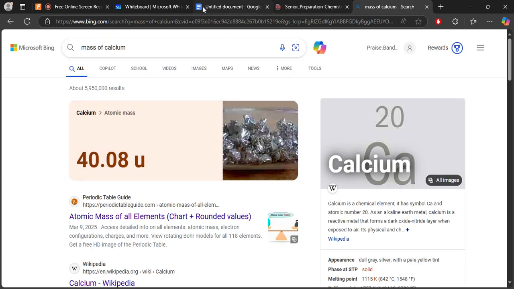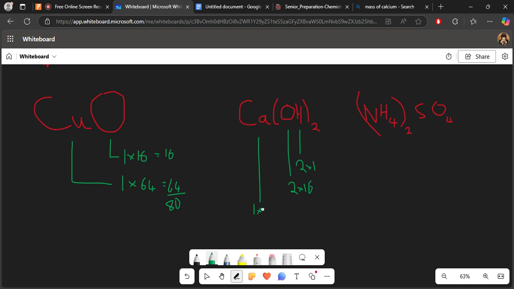With mass 40. Yeah, calcium has a mass of 40. And that gives us 40 plus 32 plus 2, which is 74 as your mass of calcium hydroxide.